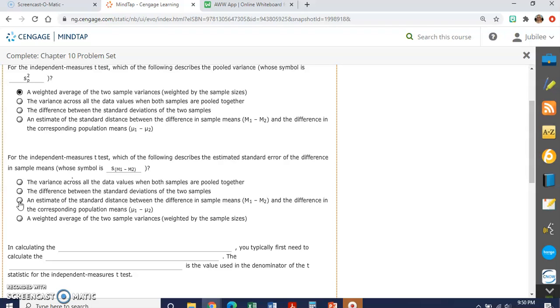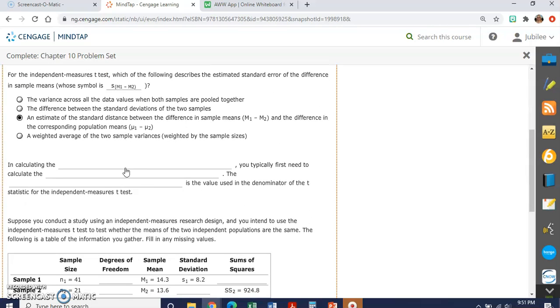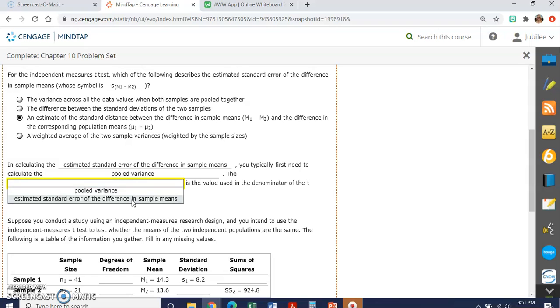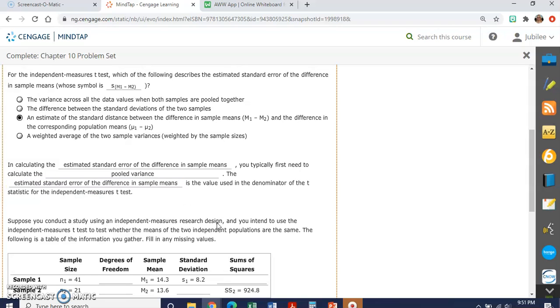And just like any standard error or standard deviation, it's the estimate of the standard or typical distance between the difference in sample means and the difference in the corresponding population means. Okay, so when I'm calculating the standard error, I typically first have to calculate pooled variance. And then in the t-test for independent measures, the standard error is the denominator.